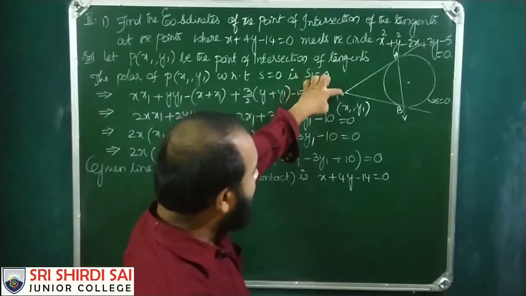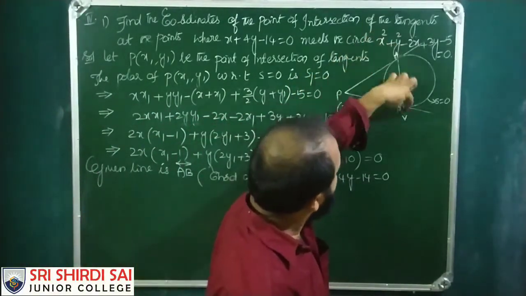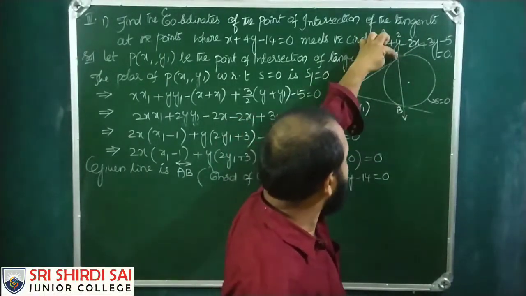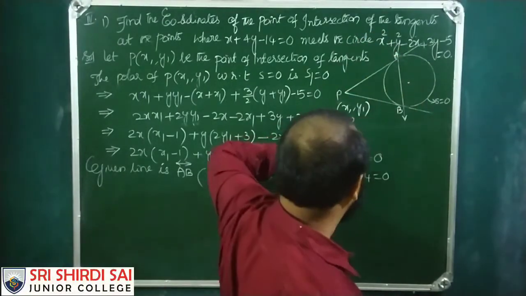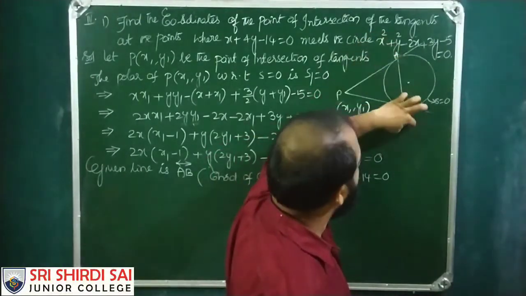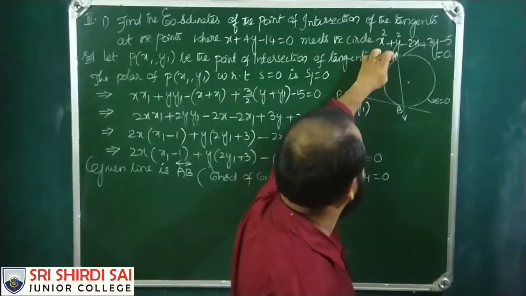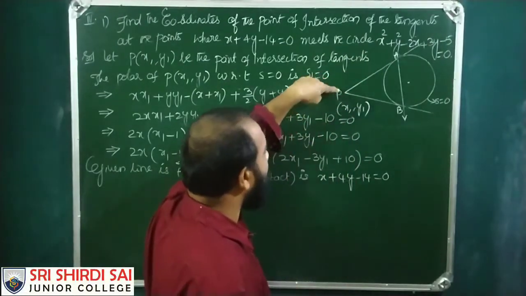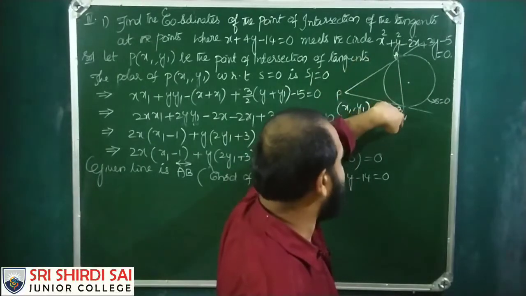If the point P lies outside the circle, the polar is the chord of contact. So what I mean to say is the line AB is the chord of contact, otherwise it is a polar also. If P lies outside the circle, the polar cuts the circle in two distinct points.